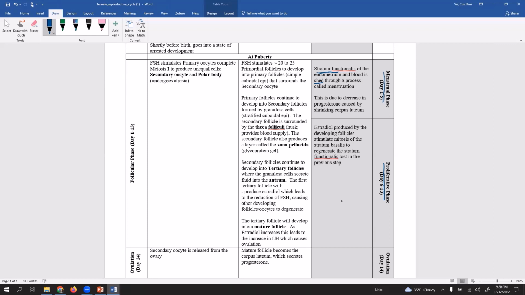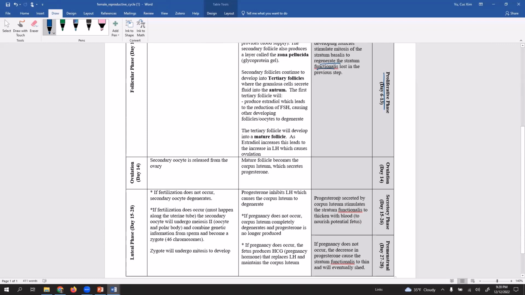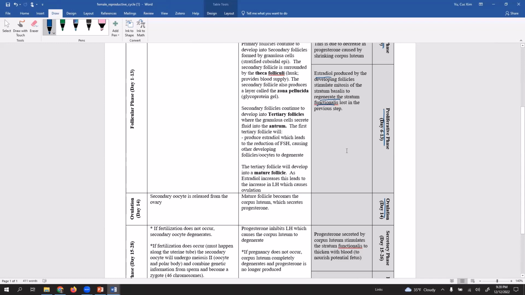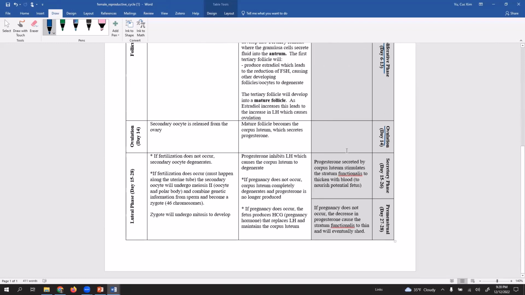So the estradiol or the estrogen is going to cause the regeneration of the stratum functionalis. Then ovulation happens. And estrogen comes from the follicle, right? Yes. Very good. Exactly.